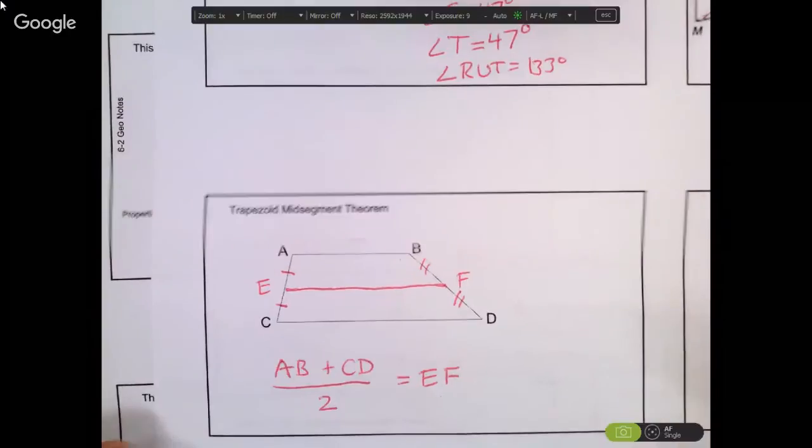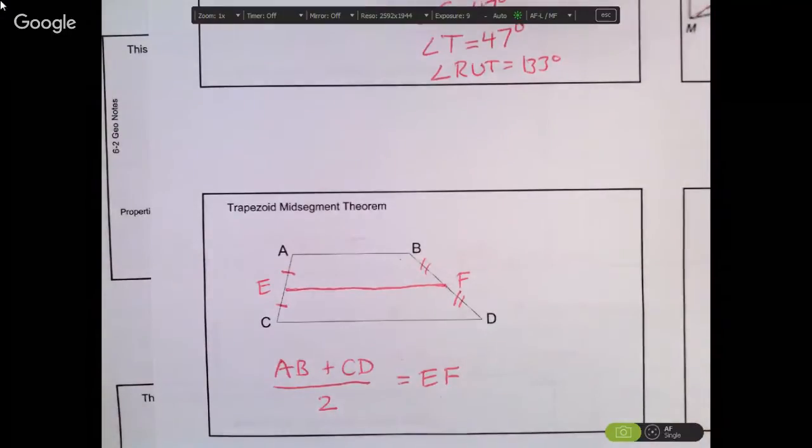So it's the average of the bases. Why did you get that, Maddox? Because, if you look at it, I just saw that half of it was the same between these two.